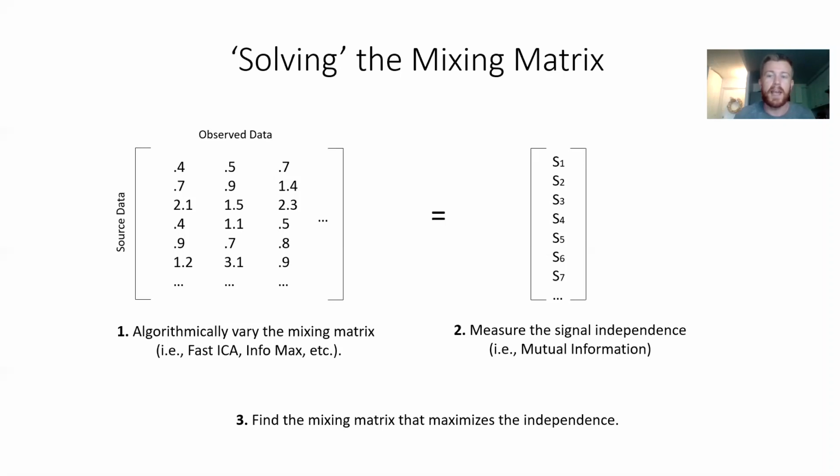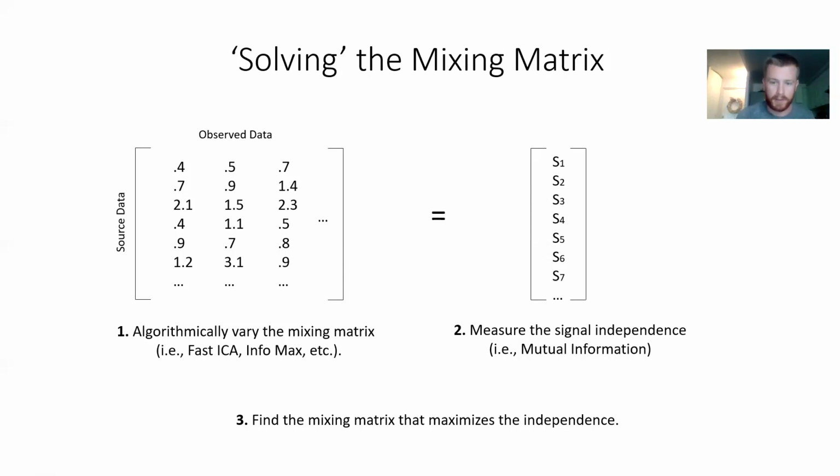So all we need to do is have some way of measuring the independence of a set of sources, and then we can just vary this mixing matrix algorithmically until we find one that maximizes that independence, right? So we want to find the mixing matrix that maximizes the independence of our sources, and that's the one that we're going to choose; this is how we represent the signals we recorded as independent components.